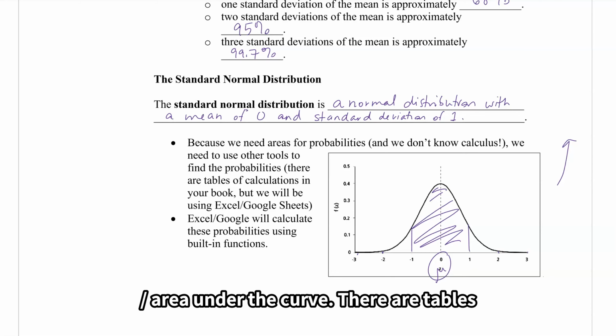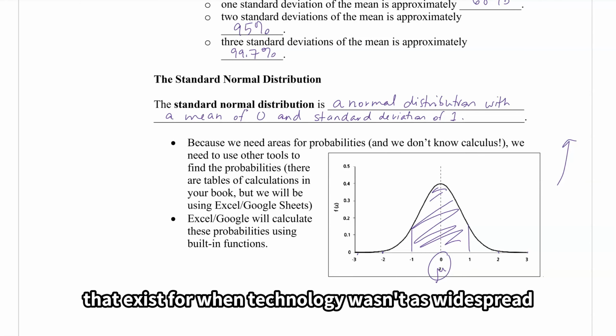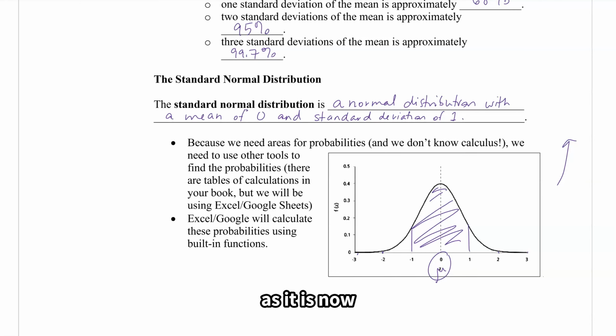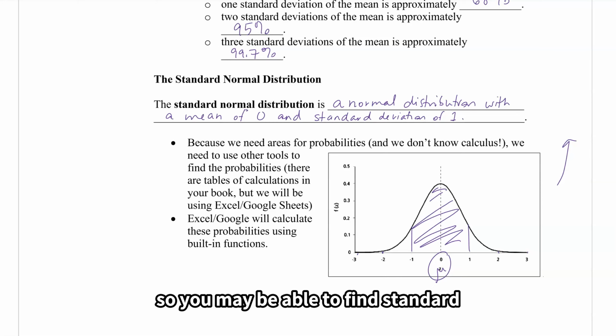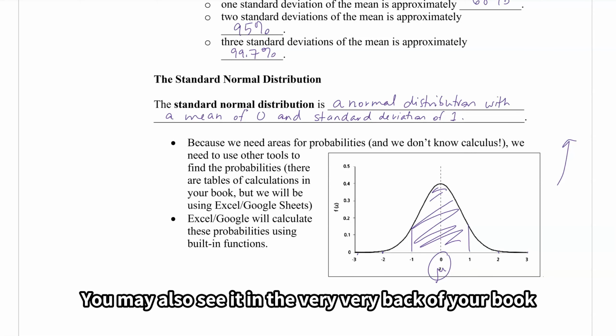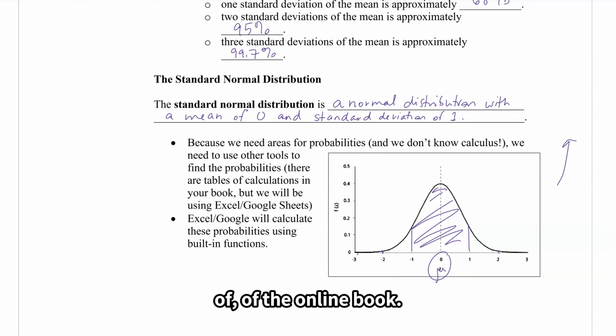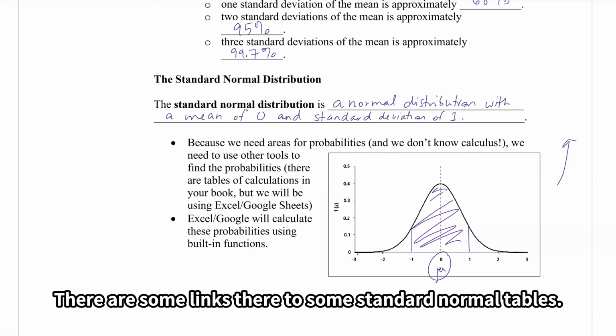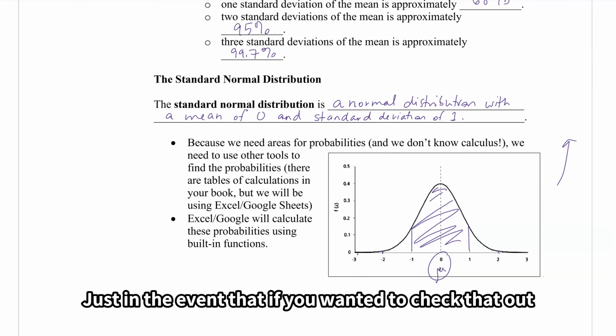There are tables that exist for when technology wasn't as widespread as it is now. So you may be able to find standard normal tables on the internet. You may also see it in the very, very back of your book, of the online book. There are some links there to some standard normal tables, just in the event that you wanted to check that out.